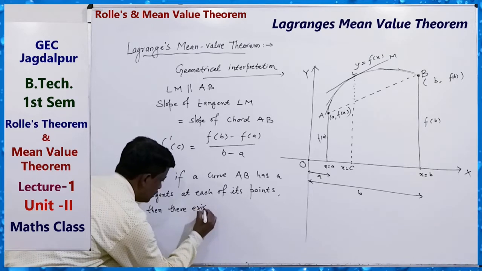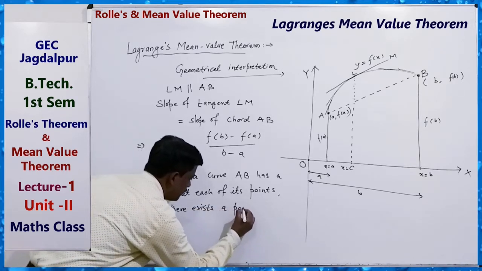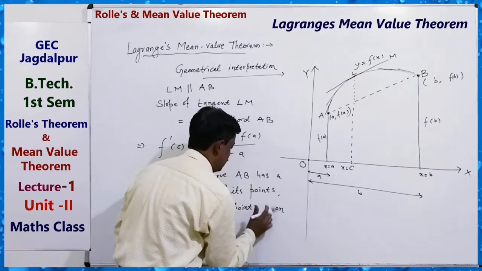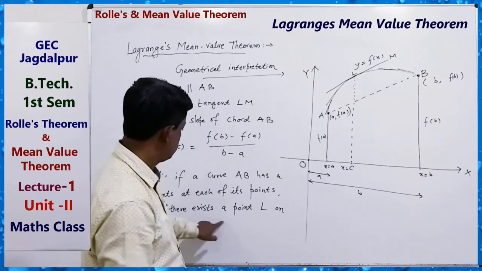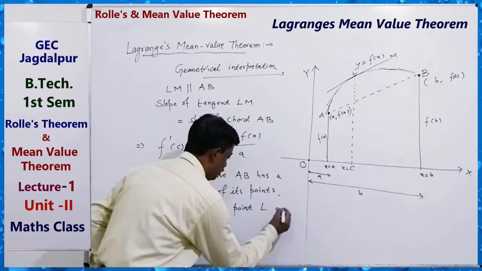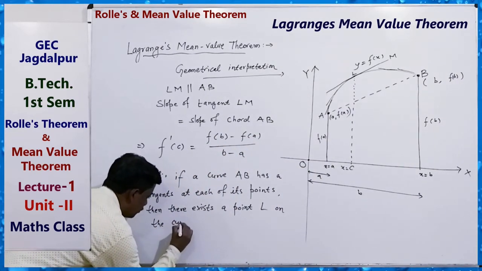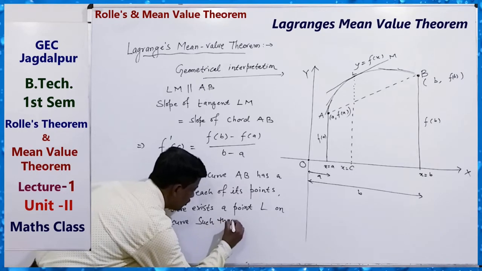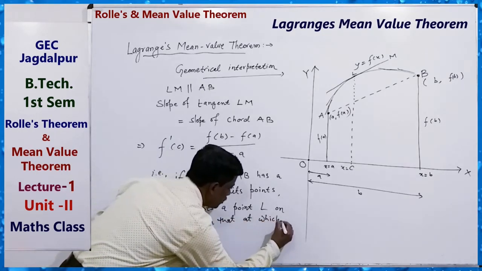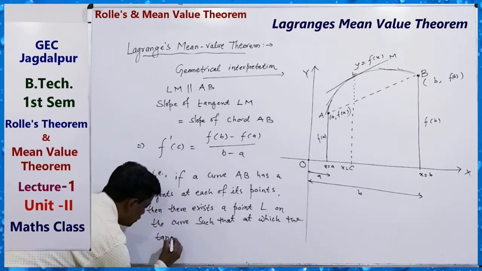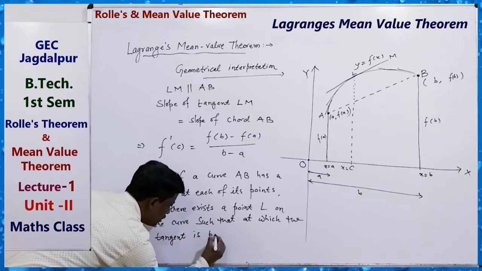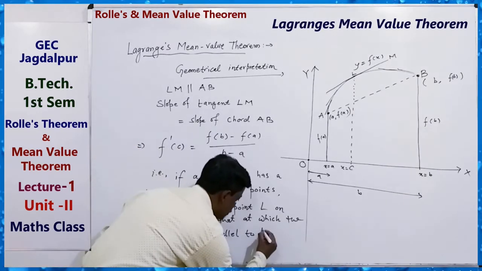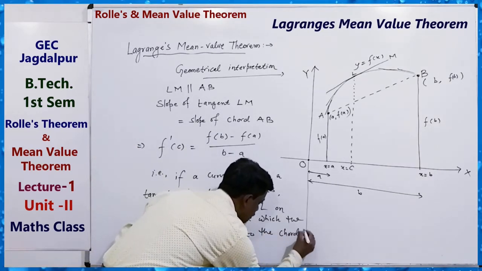there exists a point C on the curve, you can see here L, such that at which the tangent is parallel to the chord AB.